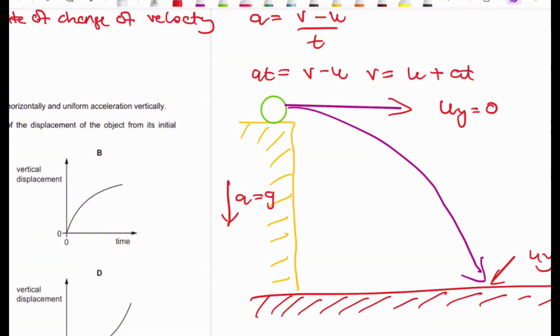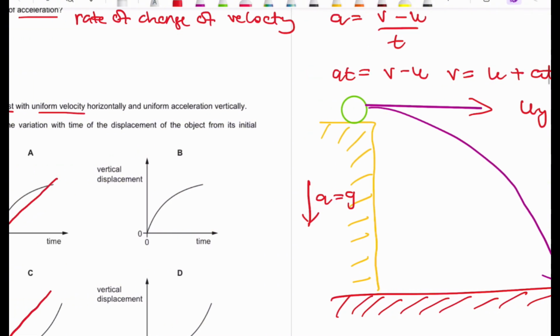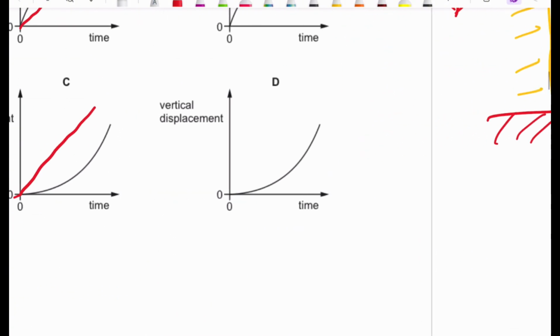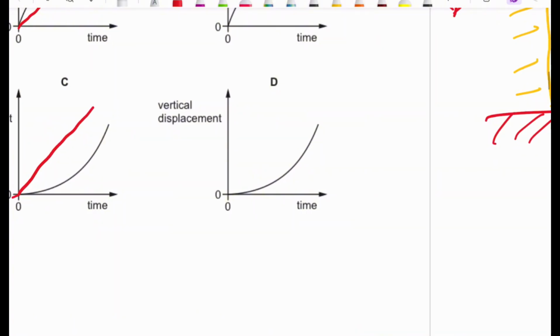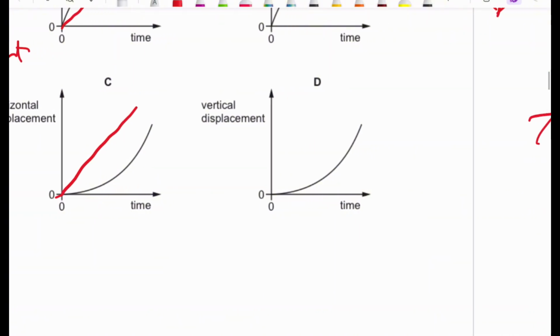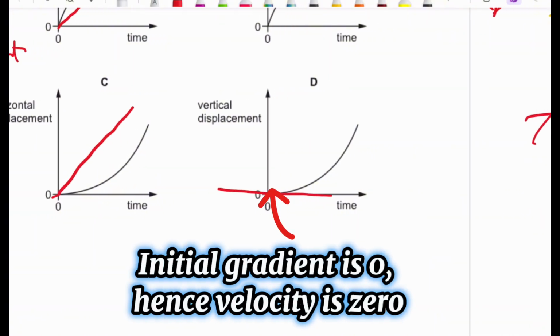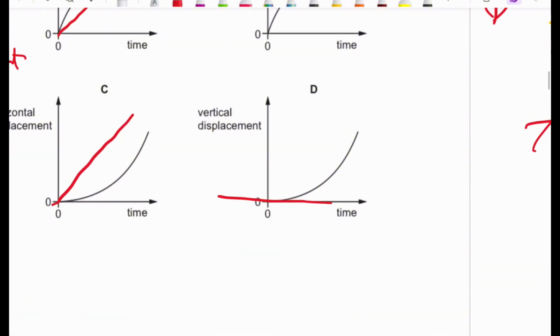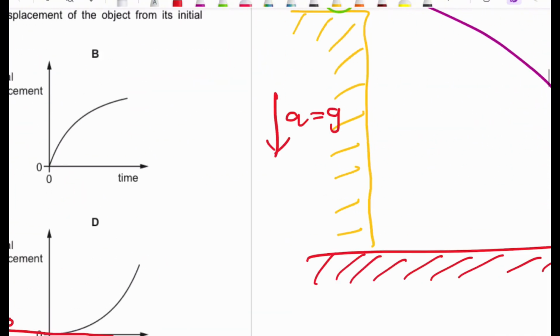The acceleration, which is equivalent to g, causes its velocity to increase as it reaches the ground, meaning I need an initial gradient that is 0. Let's go to our graphs. If I analyze this, the initial gradient has to be 0. If I were to draw a tangent over here at the beginning, remember, the gradient of a displacement-time graph is velocity. That tangent is 0, meaning that v is equivalent to 0 at the start of my journey, which is quite true, because my velocity is starting at 0.